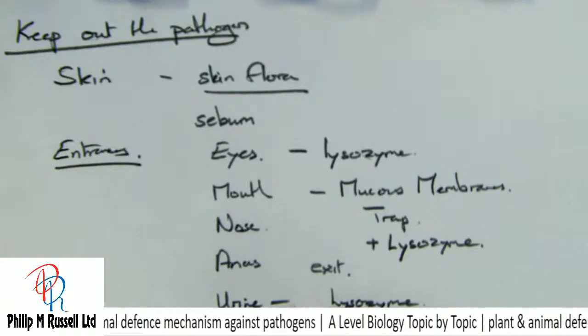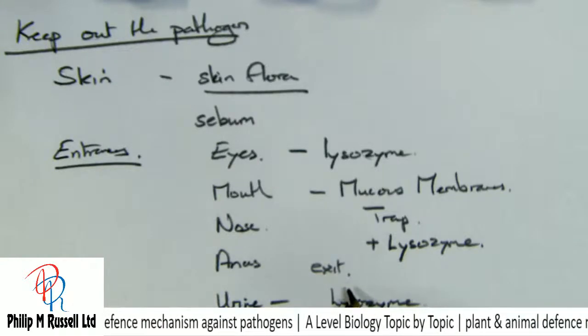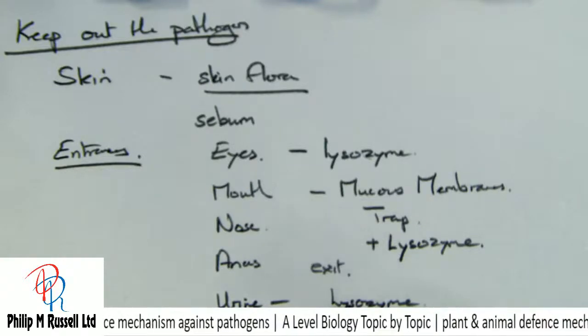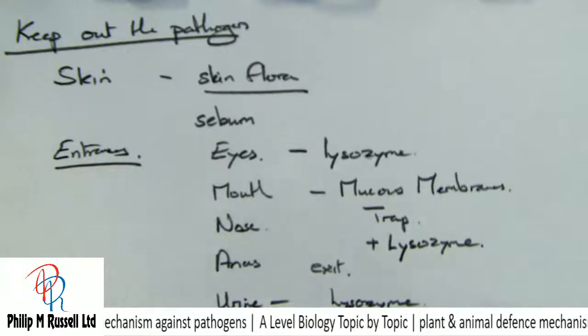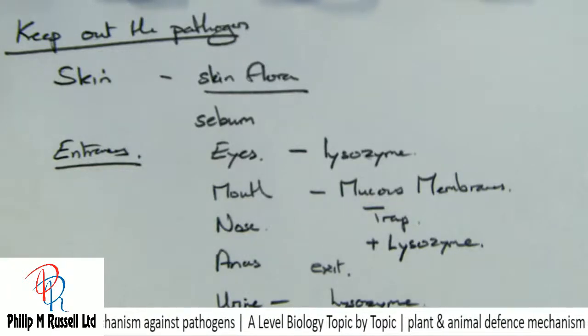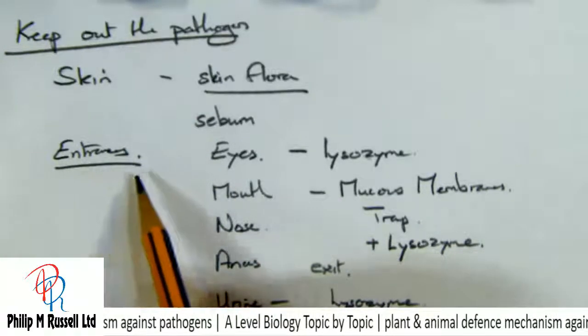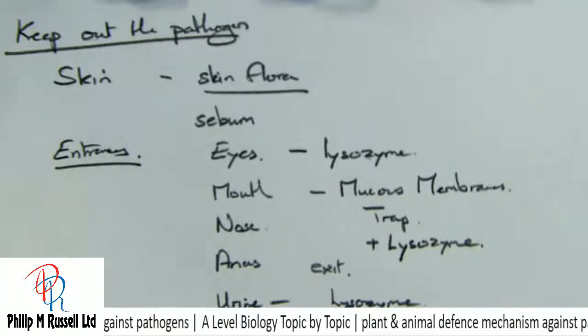Vaginas are more of an interesting problem, and that is fairly acidic and also contains other chemicals which basically try to kill off any infections getting in there. So the entrances and exits to the body are fairly well covered.